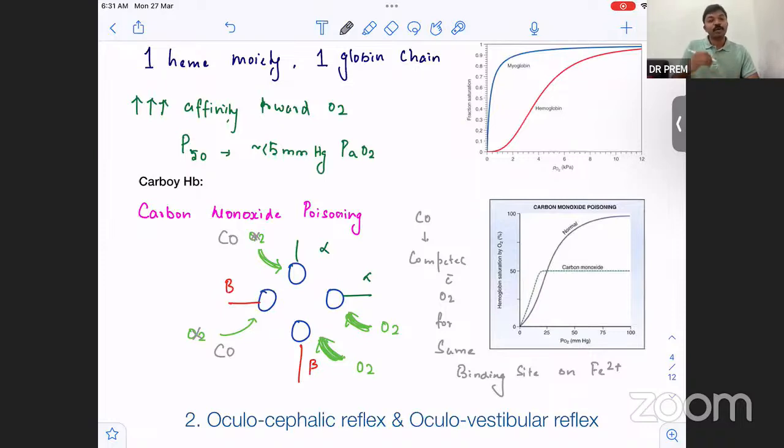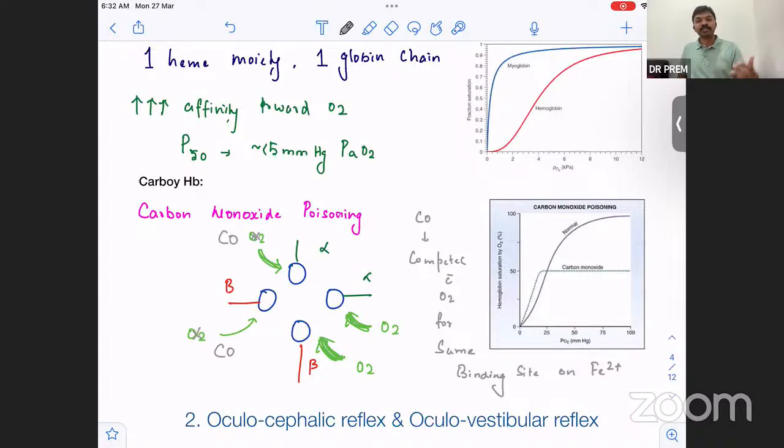As a consequence, what happens to the affinity of hemoglobin for the third and fourth oxygen molecule? The third heme moiety and fourth heme moiety do have the same high affinity because the exact spot where oxygen is going to combine with ferrous is occupied by carbon monoxide. Since that spot is filled and occupied, the hemoglobin is not going to change chemically. As a consequence, there is going to be a fixed, rigid structure of hemoglobin.